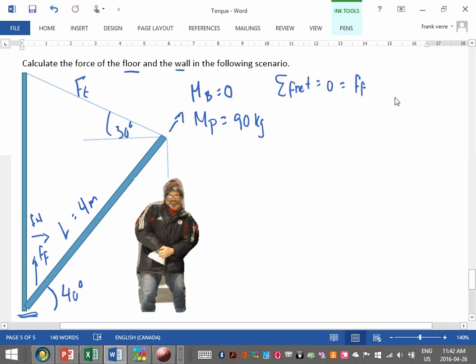What else? What component of the cable though? Right. So it would be this component. So what would that be then? That would be Ft times what? Yep. Very good.